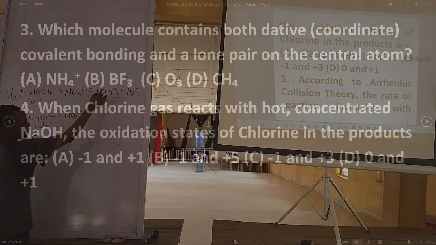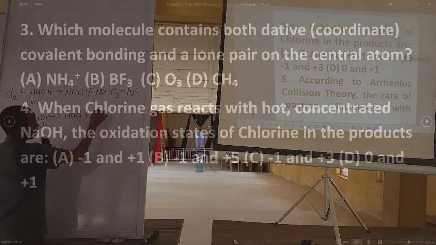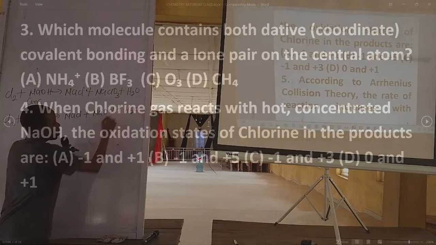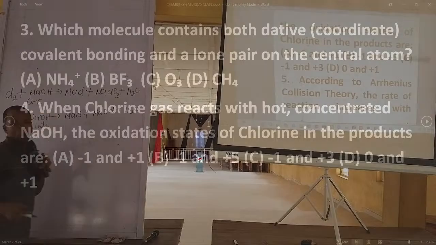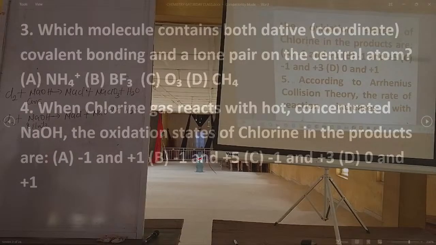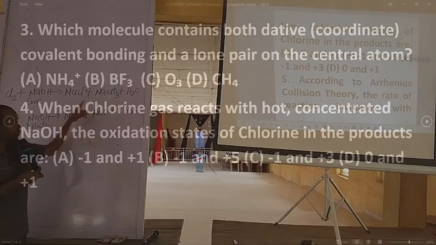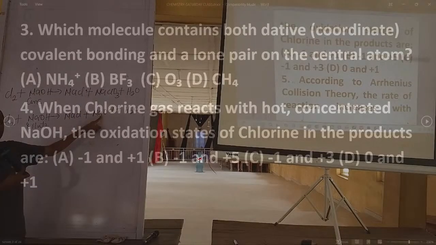Instead of sodium trioxochlorate(V), we are going to be getting sodium oxochlorate(I), then plus H2O. So that is why care must be taken for questions like this. You have to be sure of the concentration of the alkali. If it is hot concentrated, it should be sodium trioxochlorate(V). If it is cold dilute, it will be sodium oxochlorate(I).